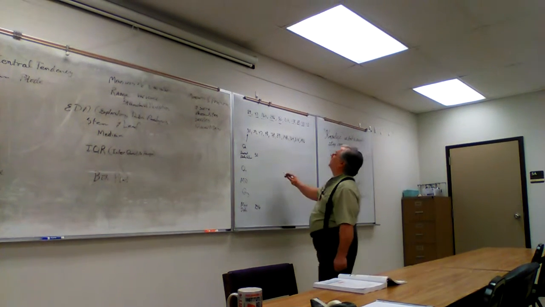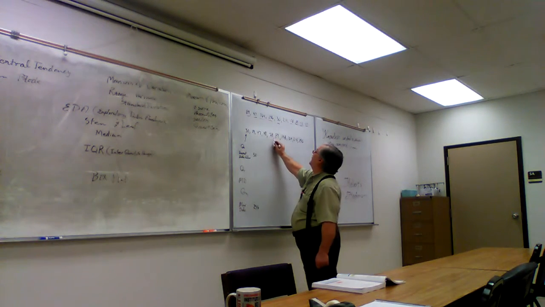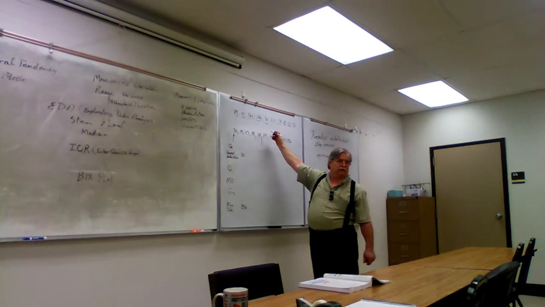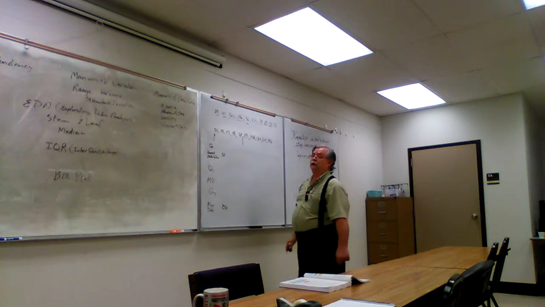What's our median? There's 10 of them, so we got 1, 2, 3, 4, 5. 1, 2, 3, 4, 5. The median is going to be between 78 and 89.